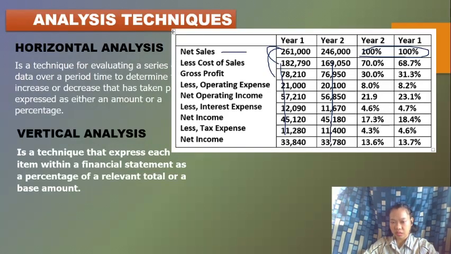And also in year 2, 76,950 divided by 246,000 equals 31.3%. So all of them, you just divide by net sales.